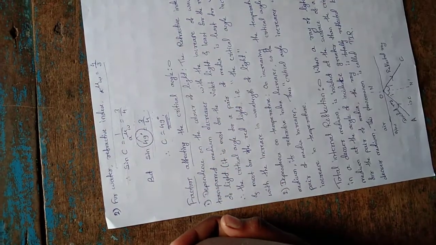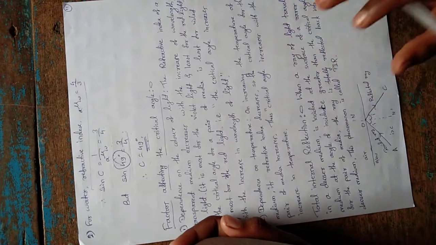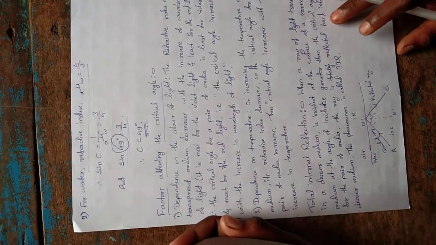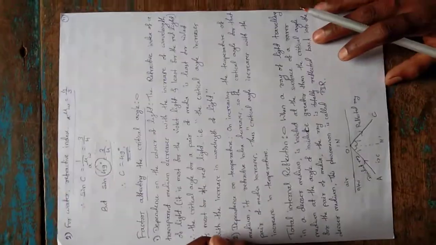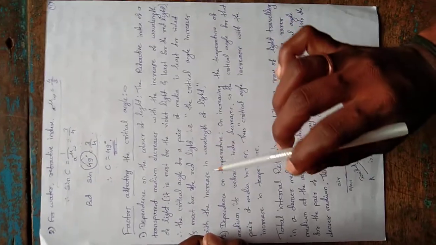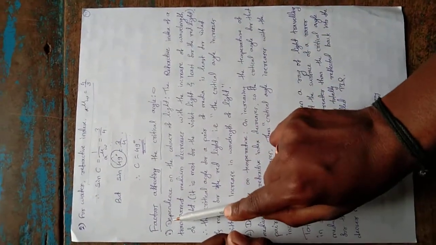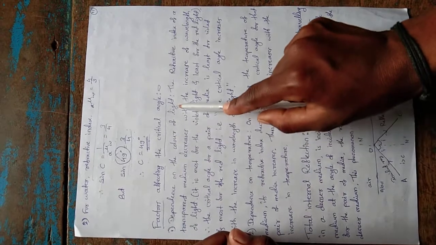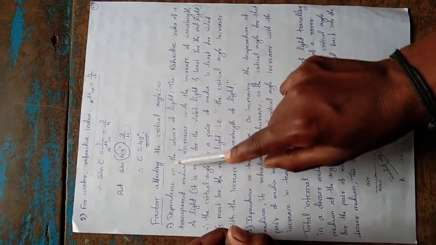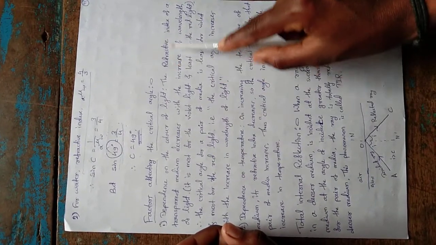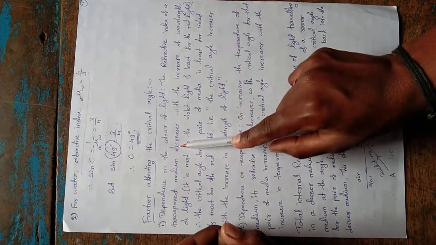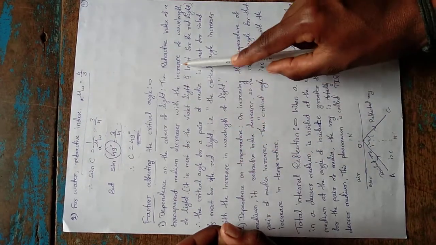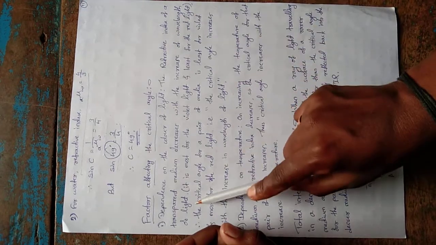Next, factors affecting the critical angle. First one, dependence on the color or wavelength of light.